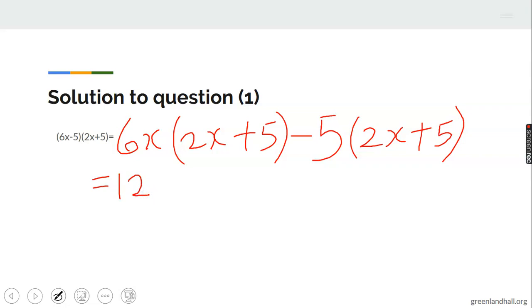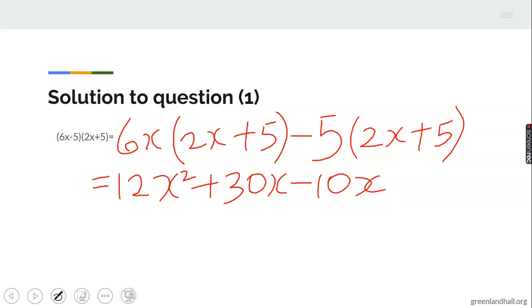Then x multiplied by x will give us x squared. Then 6x multiplied by 5 will give us plus 30x. Then minus 5 multiplied by 2x will give us minus 10x. Then minus 5 multiplied by plus 5 will give us minus 25.